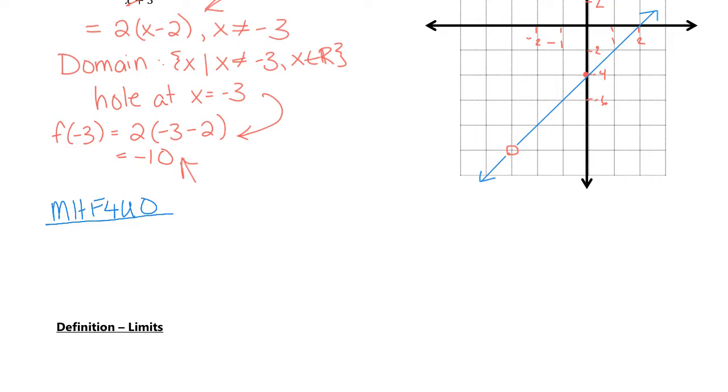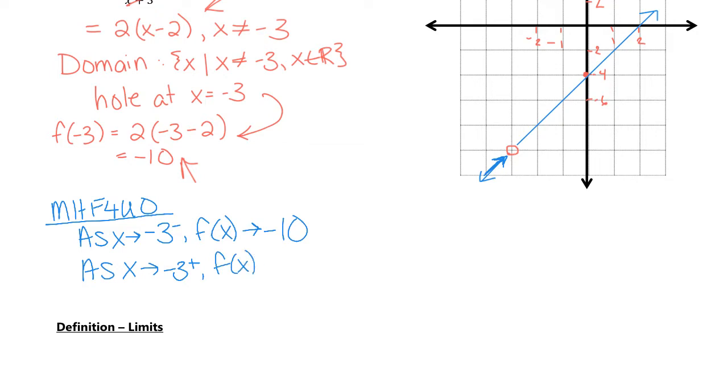We would write something like, as x approaches negative 3 from the left, we would take a look and see what our function approaches. On this graph, when I approach negative 3 from the left, my function is approaching the y value negative 10. And as x approaches negative 3 from the right, my function is approaching, again, that y value of negative 10.